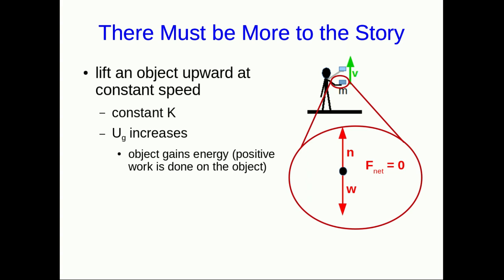And so its gravitational potential energy is increasing. But again, it's not accelerating, so the net force is zero. So this object definitely does have work being done on it, but it's got the same forces acting on it as the previous example, and the net force is still zero. So clearly there's something more we have to understand here.